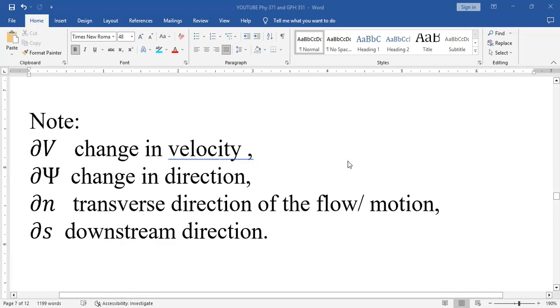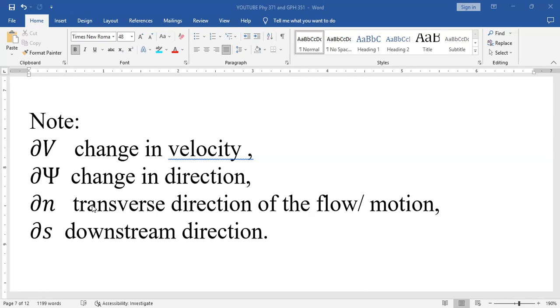Before we continue, these are some mathematical expressions and their meaning. The dv here simply means the change in velocity. So anywhere you see dv, you define it as the change in velocity. Where you have the psi, the change in direction. The n, transverse direction of the flow or motion.